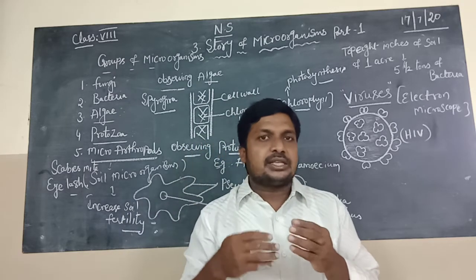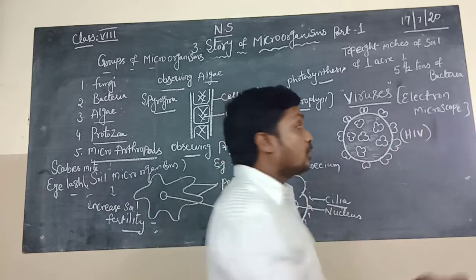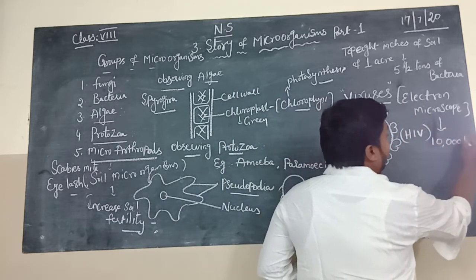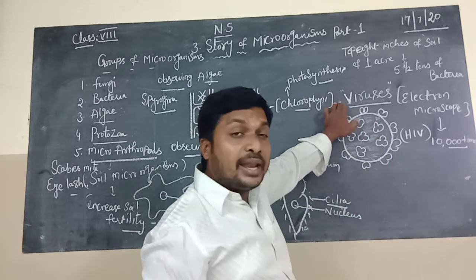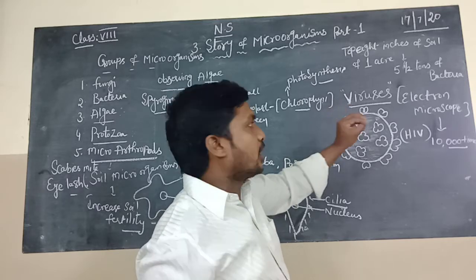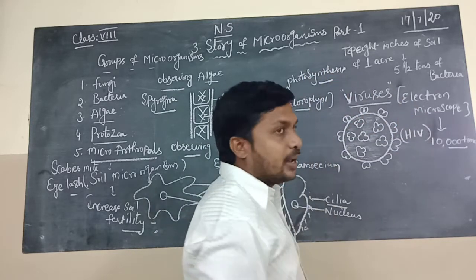But if you take an electron microscope, it magnifies living things 10,000 times. Viruses are the smallest microorganisms. That's why we can observe viruses with the help of electron microscope.